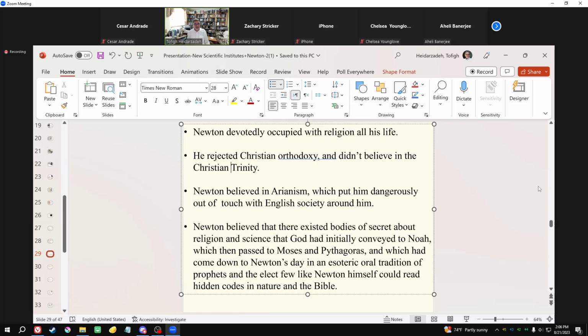That was also a common idea at that time, that in these ancient sacred books, in the Bible, in the Old Testament, God put a lot of truth there, but in a hidden code.